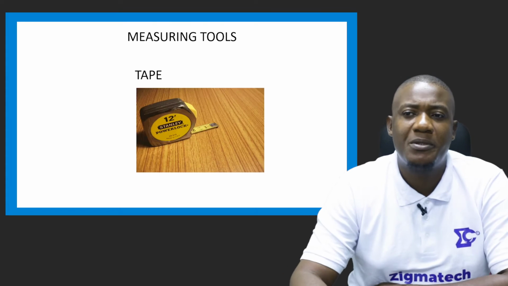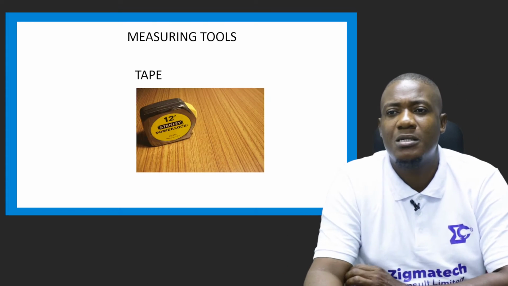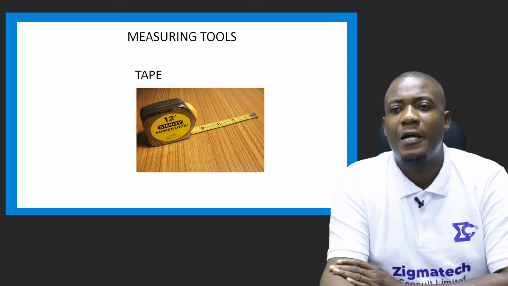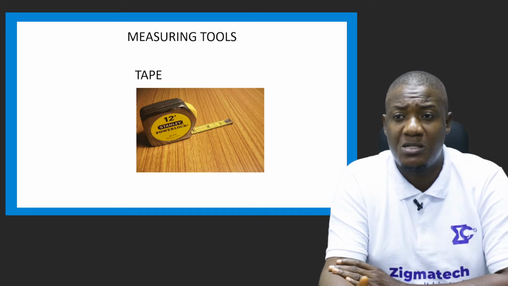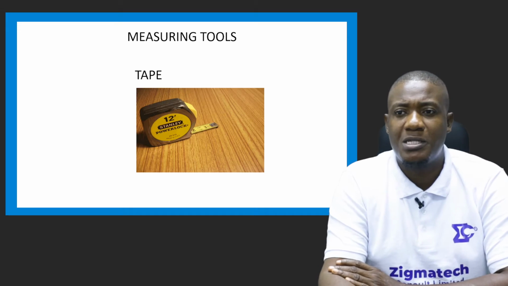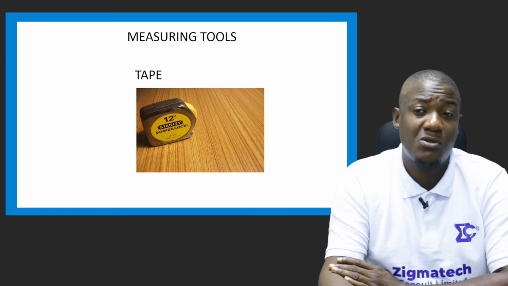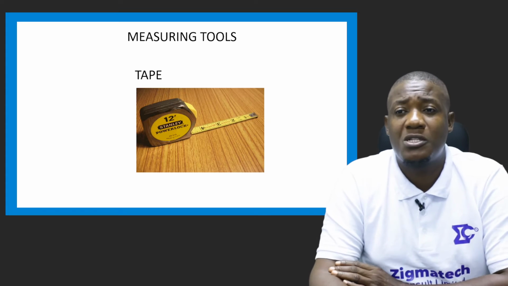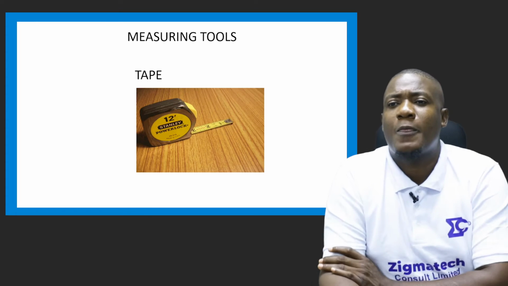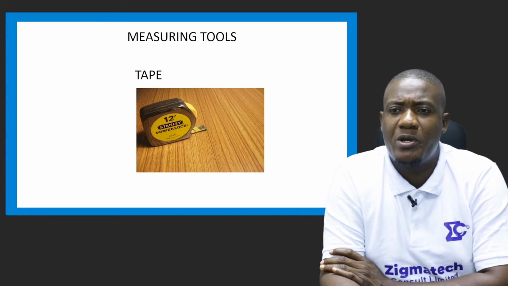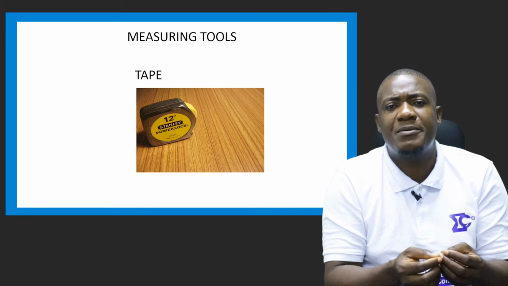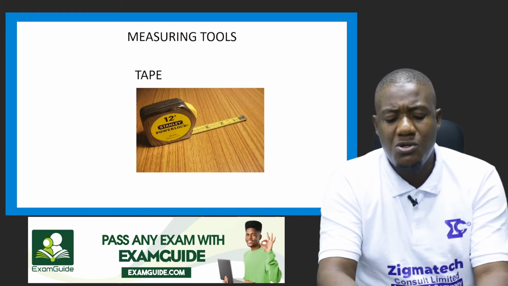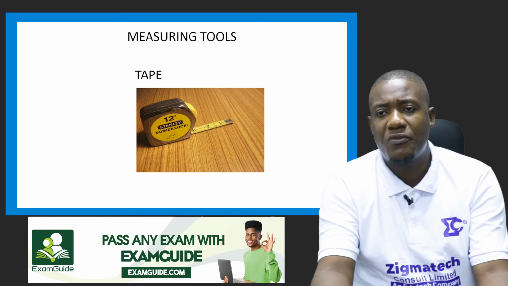A measuring tape. This is the common measuring tape among carpenters. You know, it's easy to pull. This one is portable, it's easy to carry about. You can just fix it on your jeans and go to anywhere you want to go. So measuring tapes, like you see here, are used to measure the dimensions of the workpiece.